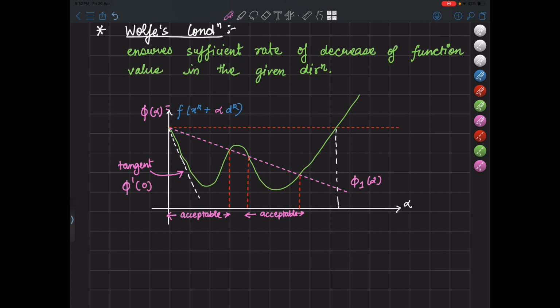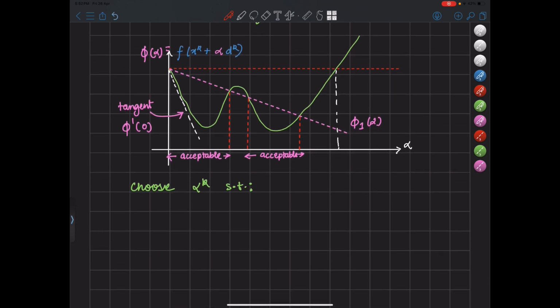So what does the Wolfe condition say is that choose alpha k such that the slope of the function is greater than c2 times the slope at the initial point, where c2 belongs to (c1, 1), where c1 is the constant from the Armijo condition.